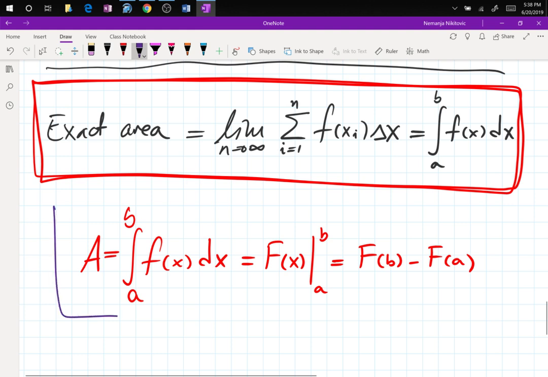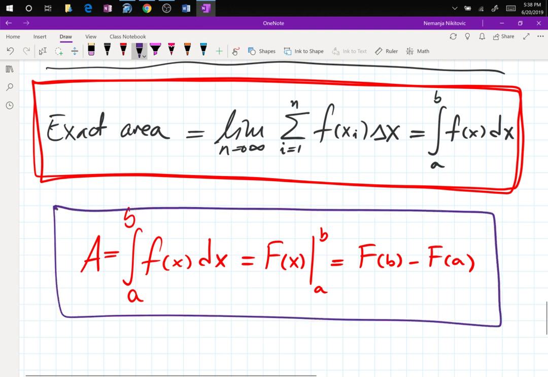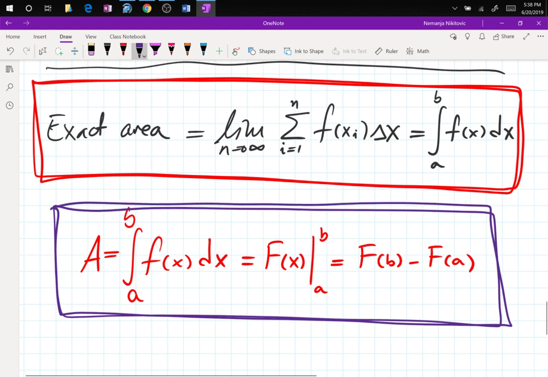This is the formula that you are using to calculate area under the curve. So use this to compute area under the curve.